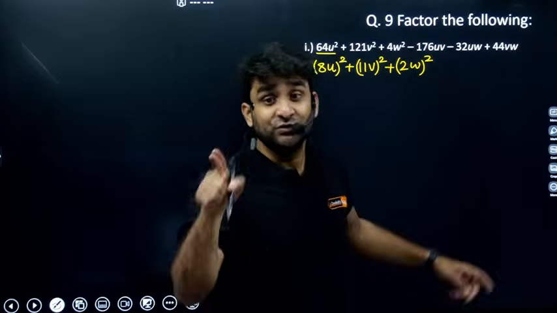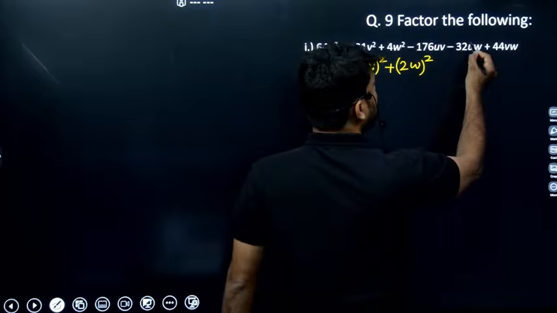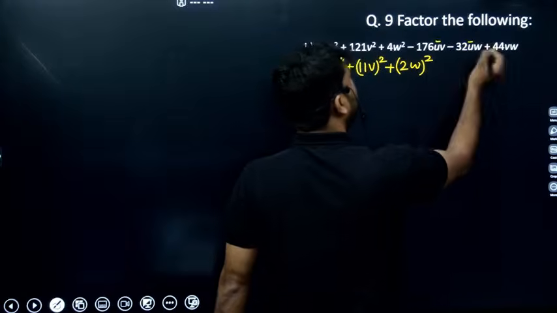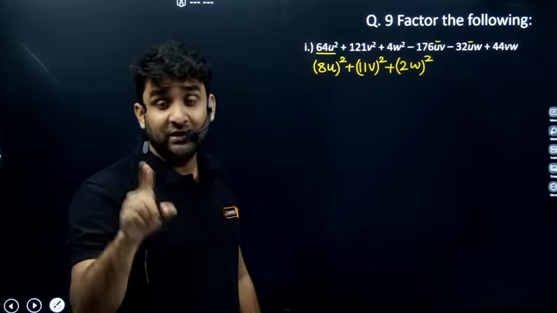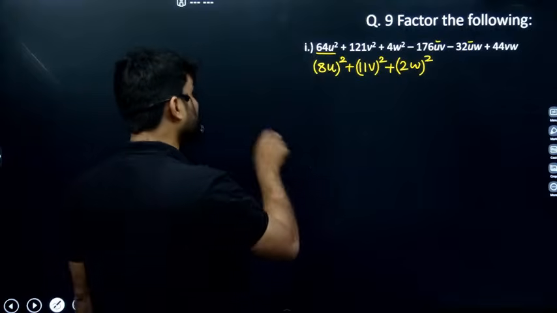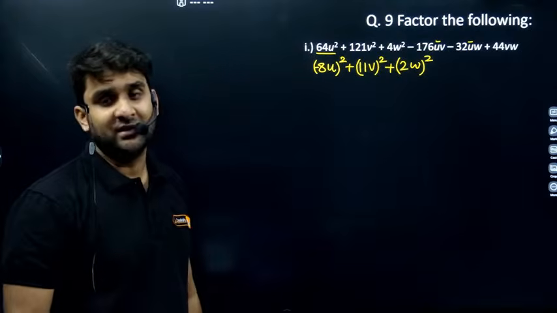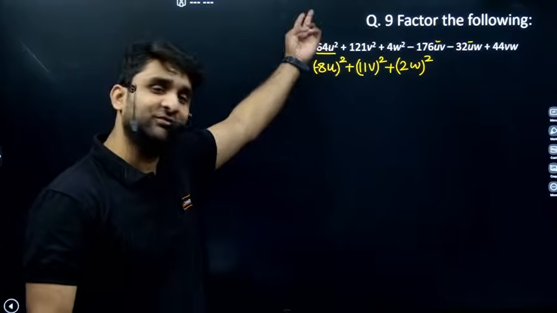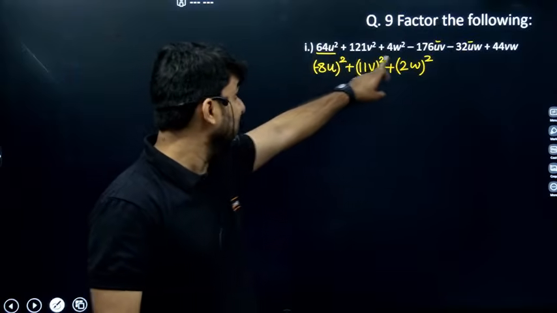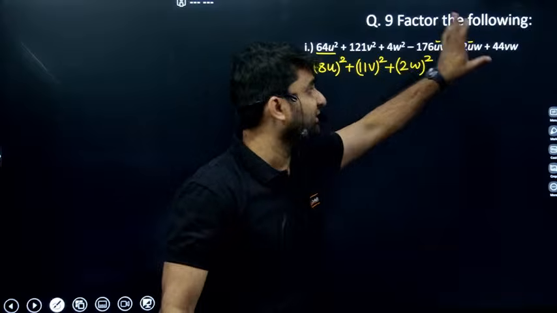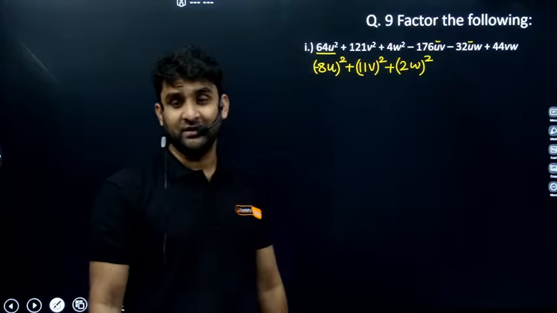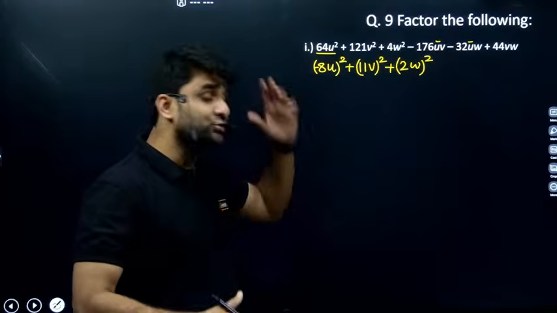The vw term is positive, so it implies that u is making the entire family negative. And if u is making the entire family negative, it means minus 8u will come here. Minus 8u square will again be 64u square, positive. But u is leaving a negative impact here, so I have come to know that u should be in negative form.